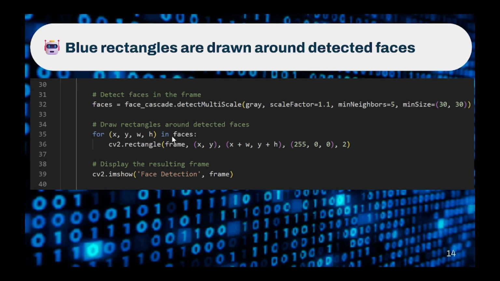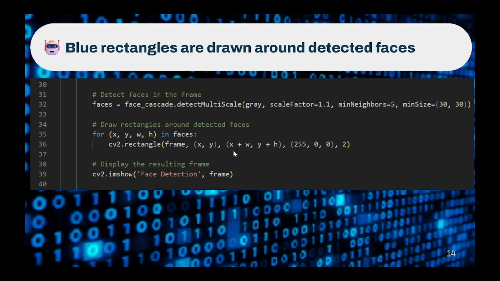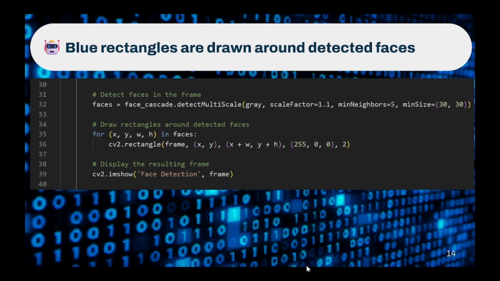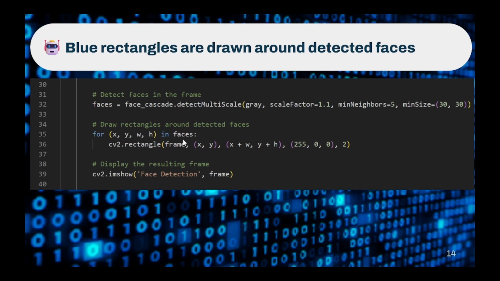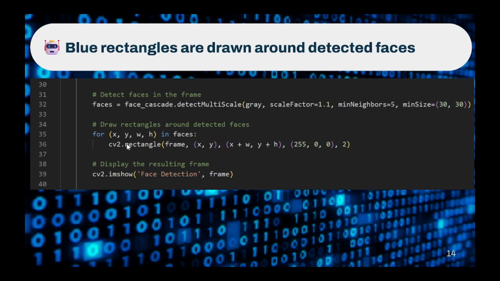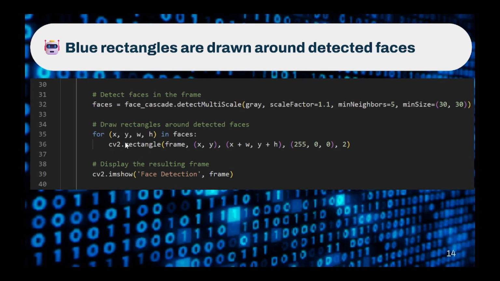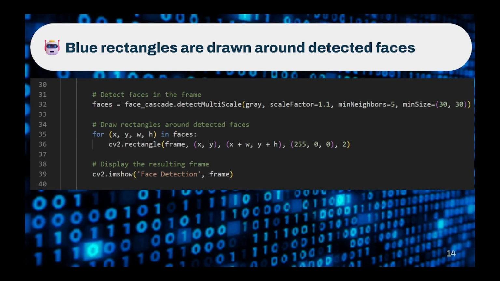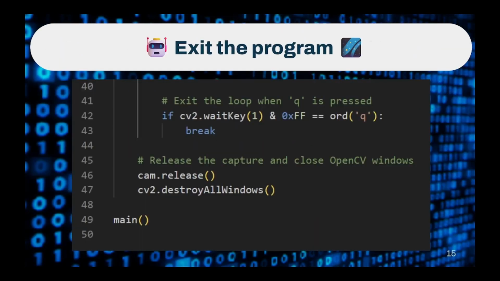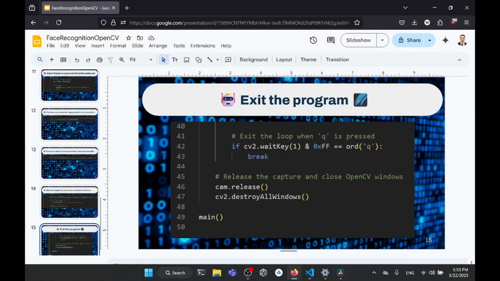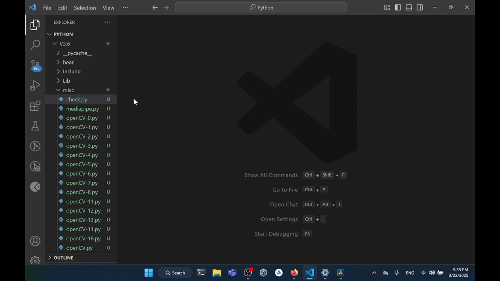And you can see we're doing it in a for loop, so we're going to have rows of columns of data being drawn, for each face, and then exit the program.